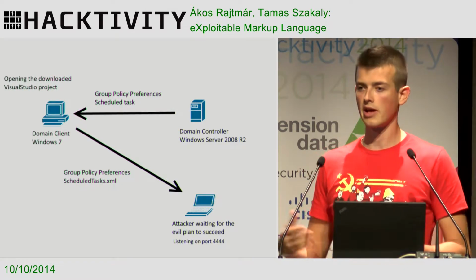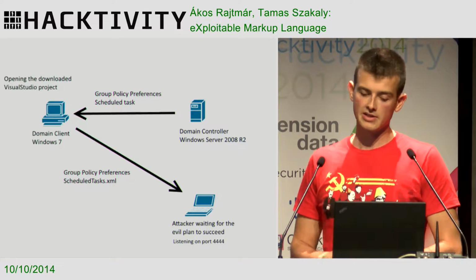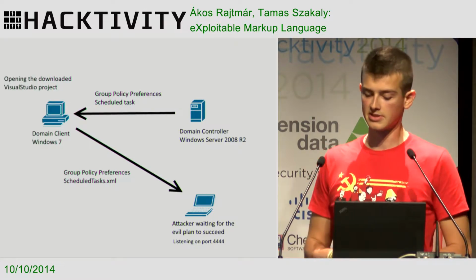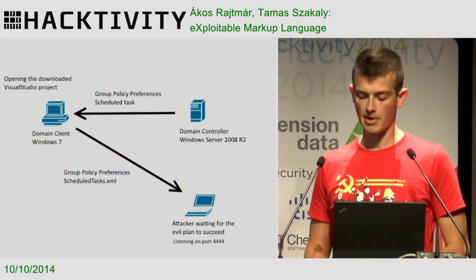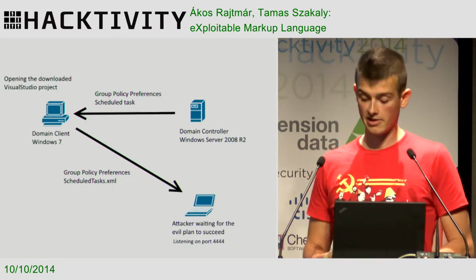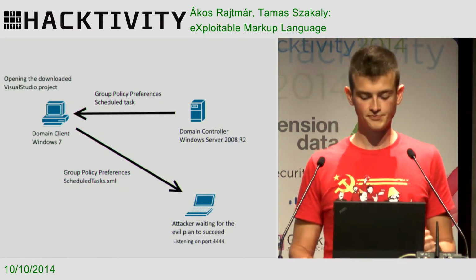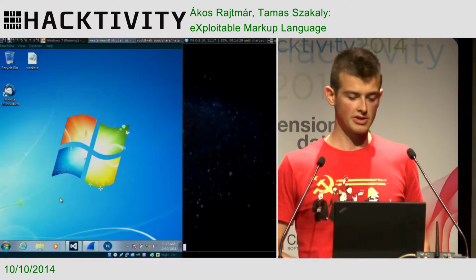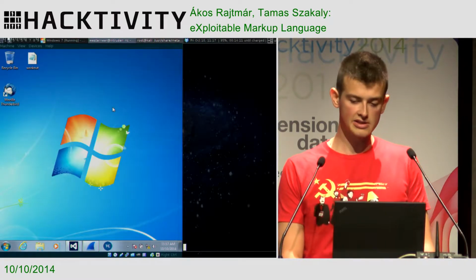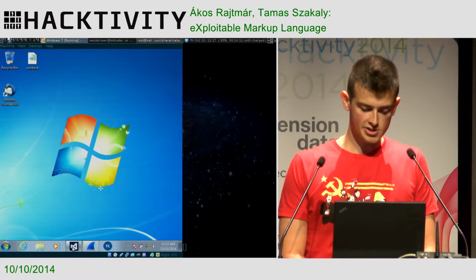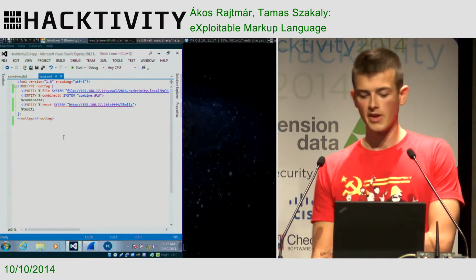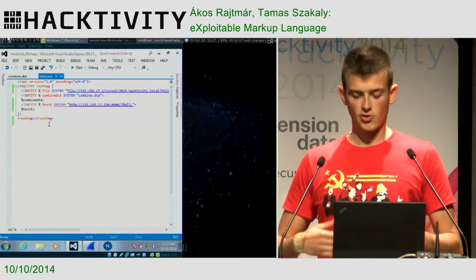So we will now open Visual Studio. The project includes the XML file that will send the scheduled task XML to the attacker, who is expecting it on port 4444. This is our Windows 7 with Visual Studio 2012 on it.